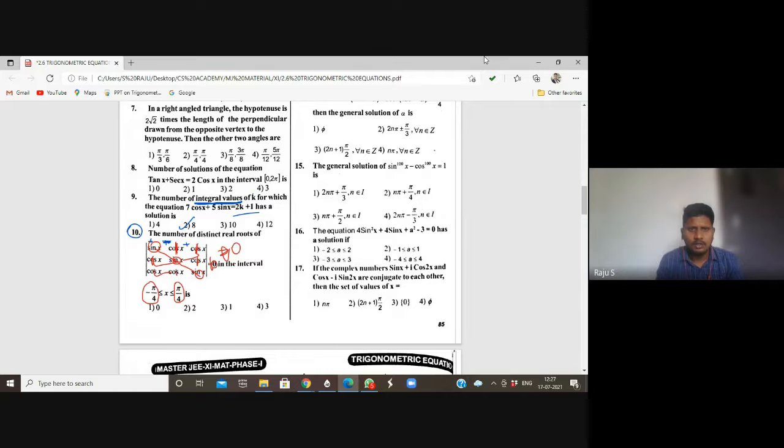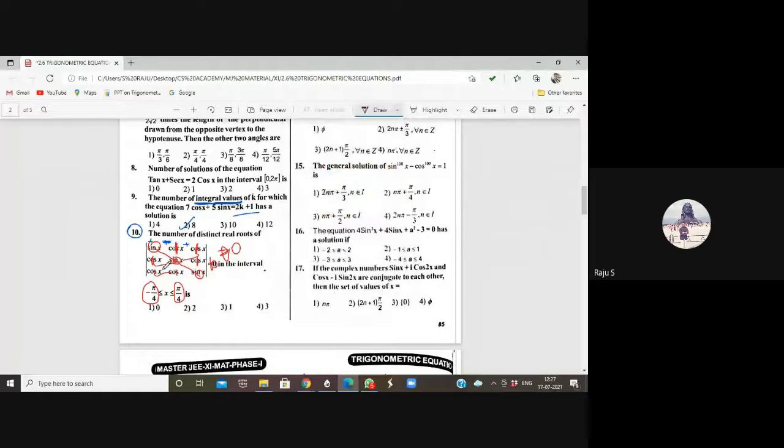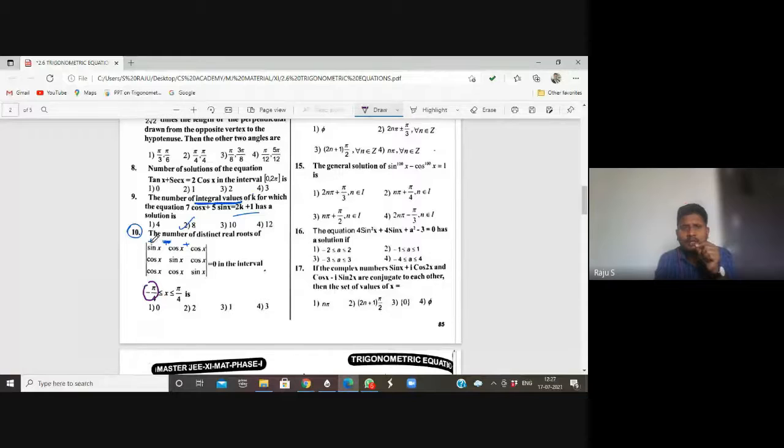Next, when I take a negative value, for example minus pi by 4, that is how to check the options. When I take a negative value, sine is negative and cos is positive.